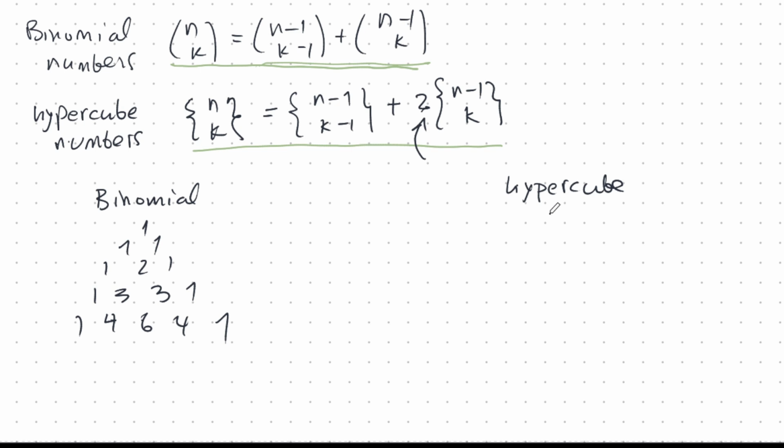Now here we have 1; we have 2, 1; we have 4, 4, 1; and then we have 8, 12, 6, 1; and then the big one, the hypercube: 16, 32, 24, 8, 1.